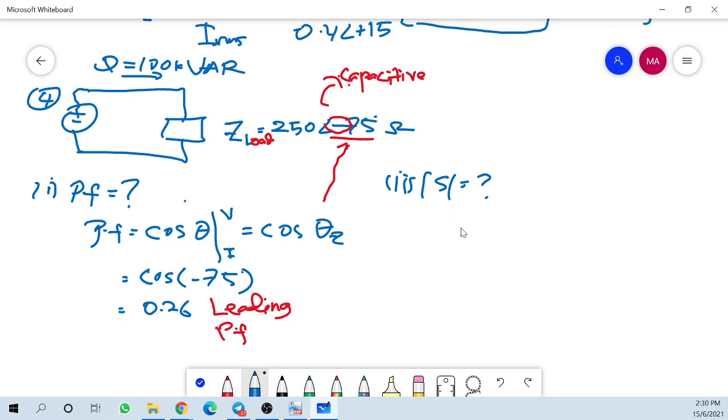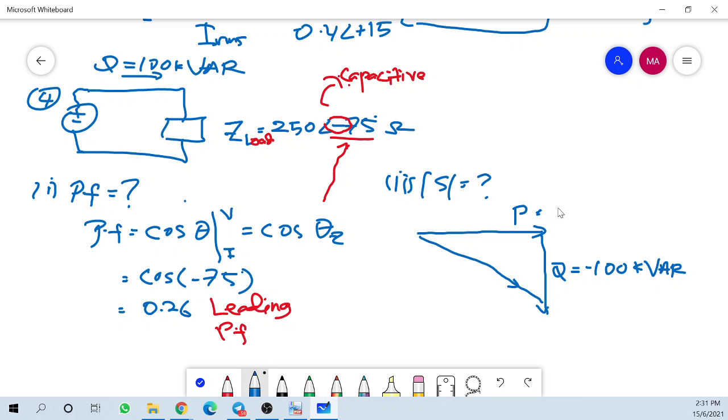In this case we have a capacitive load, which means Q is negative. In the power triangle, this is P and this is Q, and Q equals minus 100 kVAR.